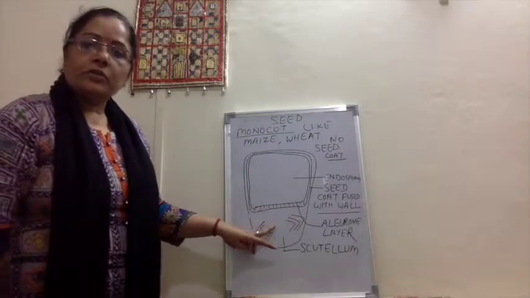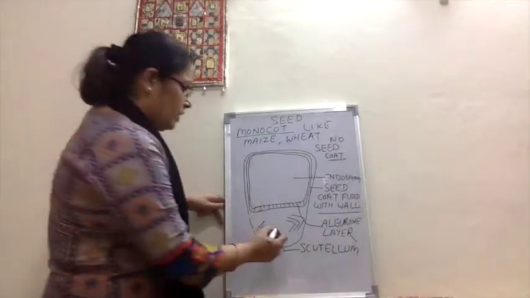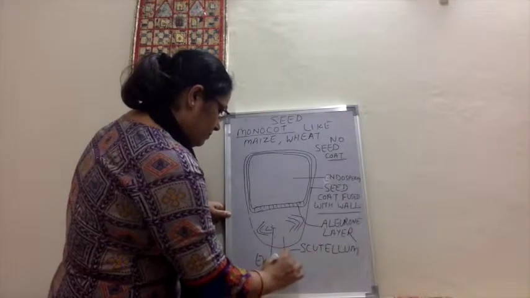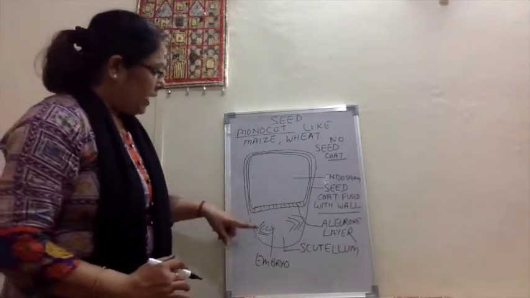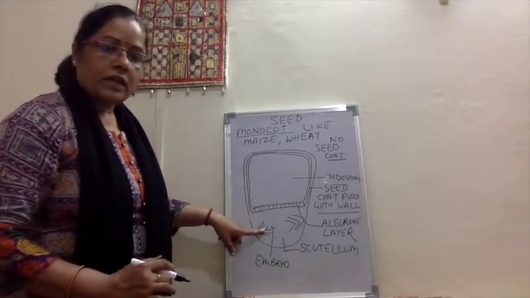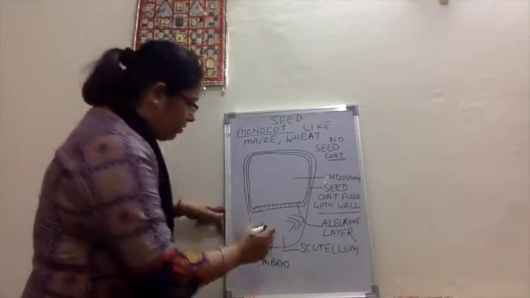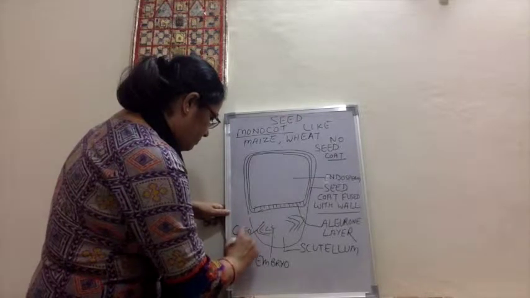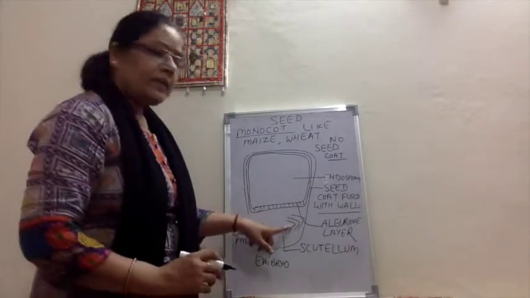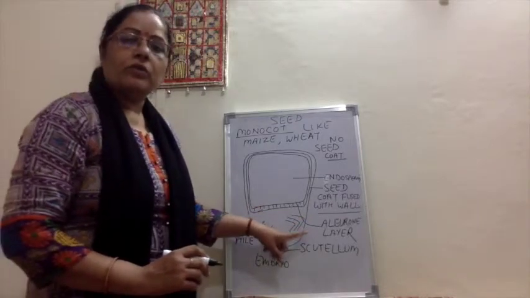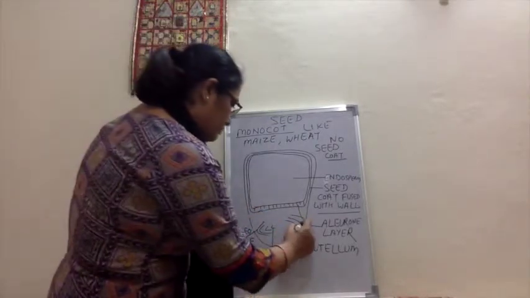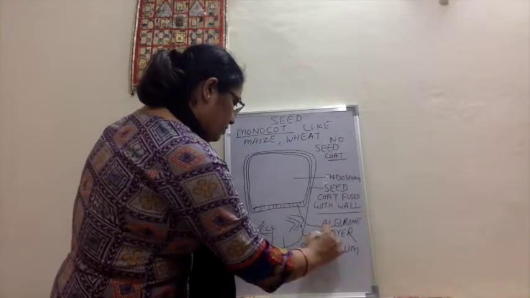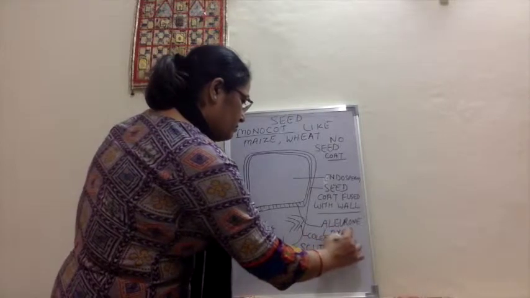And this embryo is embedded on one side, and the plumule is protected by coleoptile, and the radicle is protected by coleorhiza.